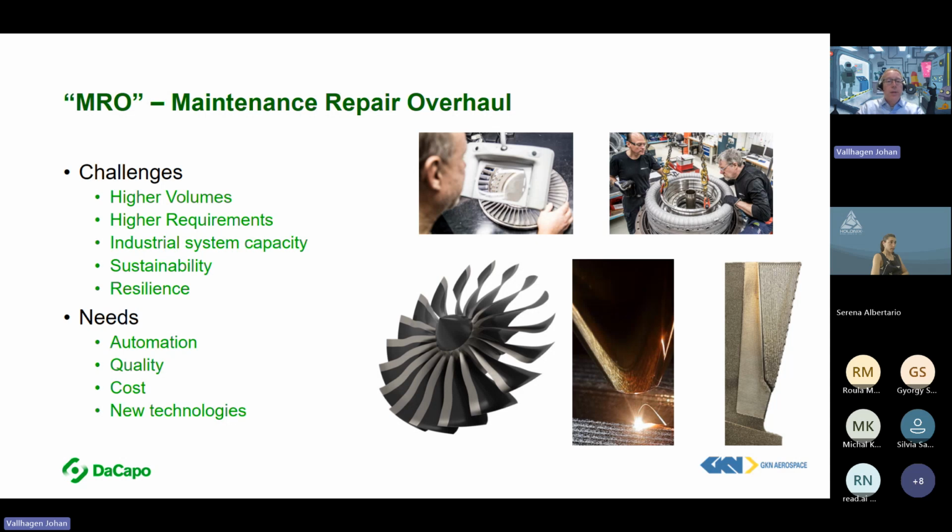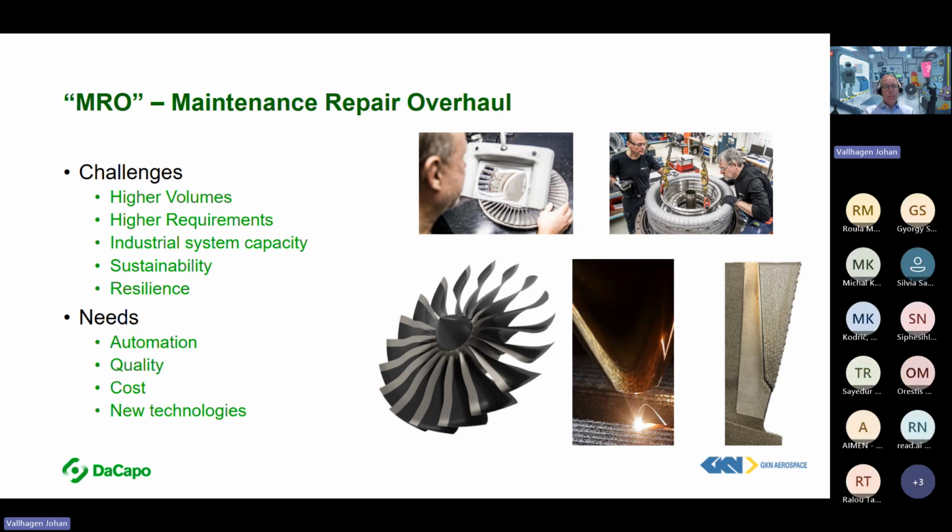So some of the specific challenges here: we need to see larger or higher volumes. The next generation of engines will have higher requirements. Industrial system capacity, as I talked about, and sustainability and resilience, there are ambitious goals we need to achieve there. And the means to get to it is a higher level of automation, in all steps of the process from performing this kind of maintenance, repair, and overhaul.